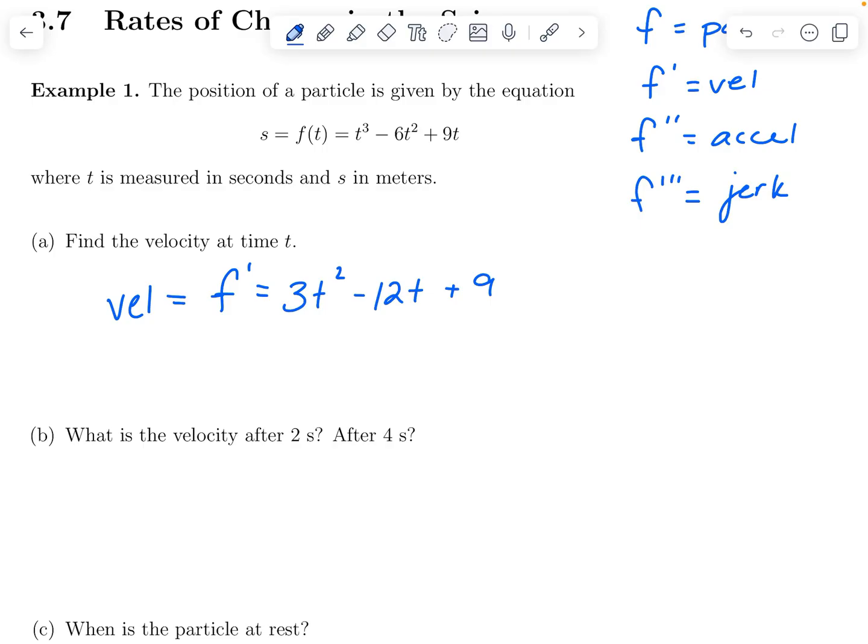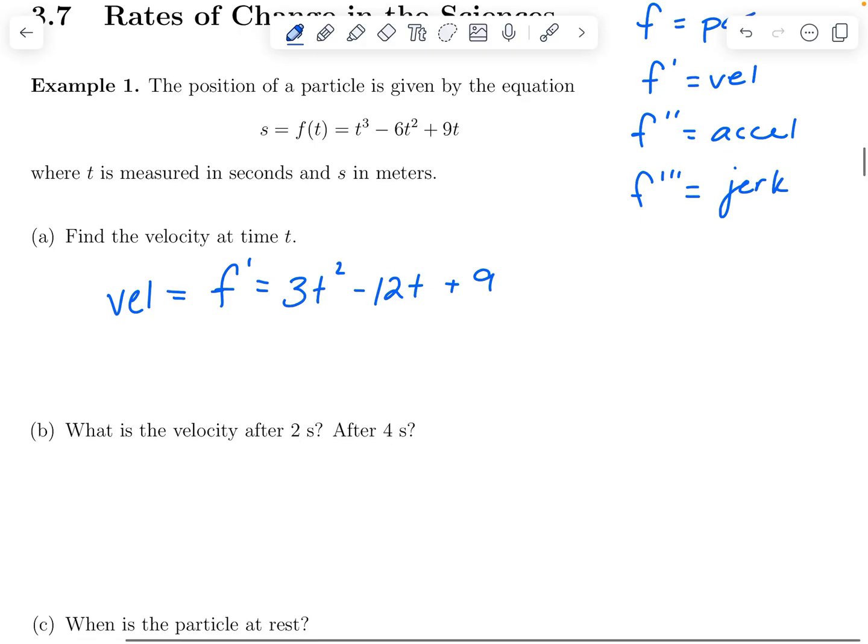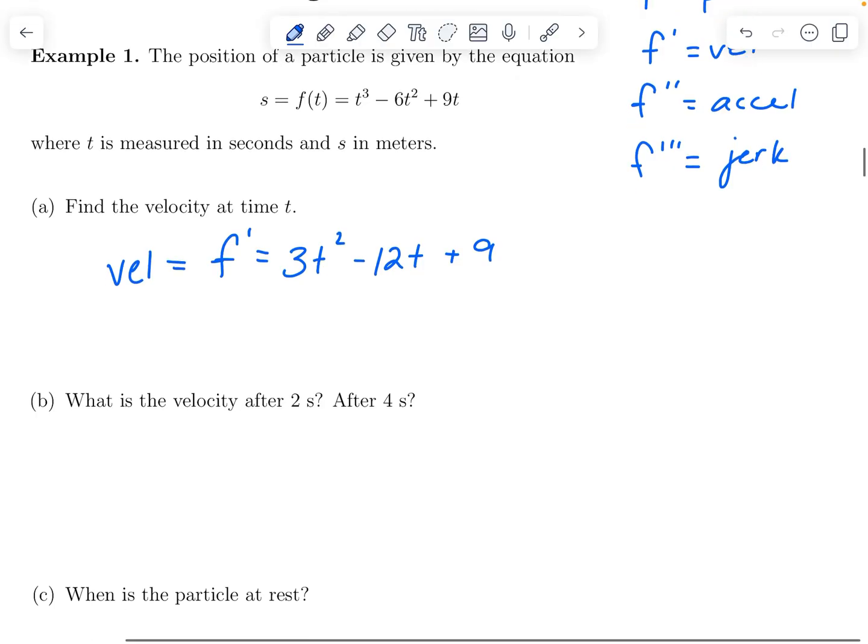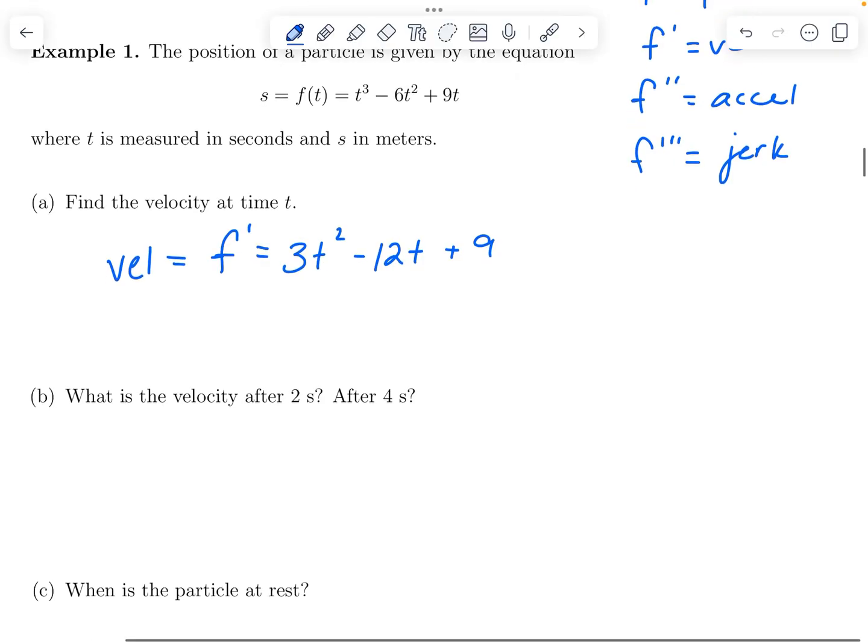If I want the velocity after 2 seconds, then what I'm going to have to do is just plug in a 2. So f prime of 2, or f prime of 4 for 4 seconds.